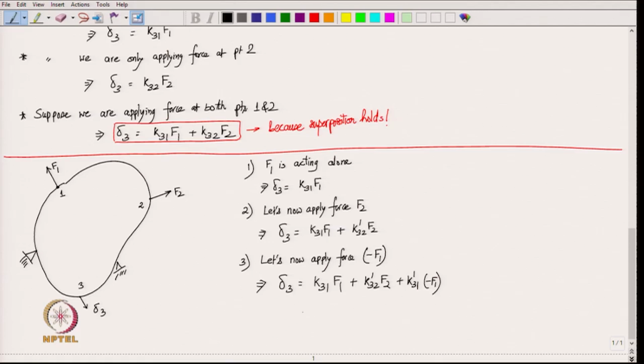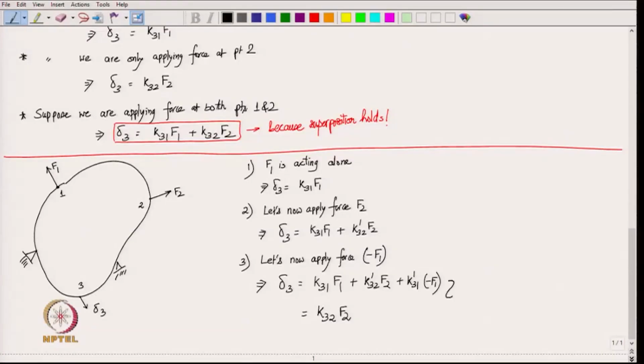And in that case, when you measure displacement at point 3, then should not that be equal to K32 F2, because you only have force acting at point 2, and that is the definition of influence coefficient K32. K32 means when you have only one force acting at point 2, then delta 3 is equal to K32 into F2, correct.